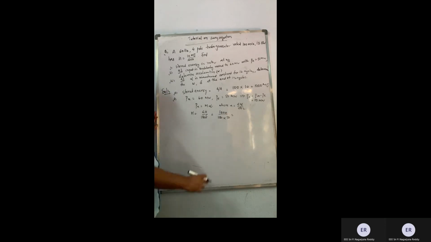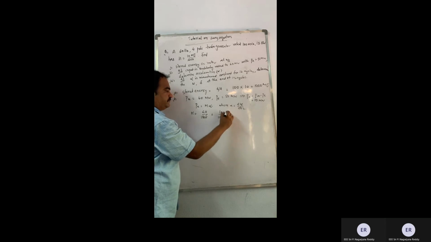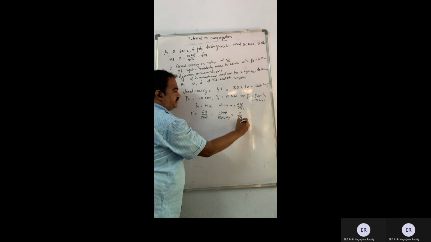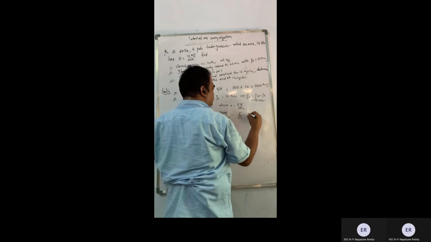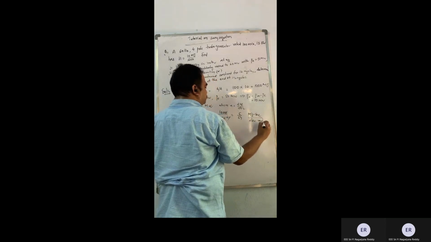Oh, sorry, it is 60. Yeah, it is 60, right? It is going to be 5 by 54. Isn't it? It is going to be 5 by 54. So the units are second per electrical degree.